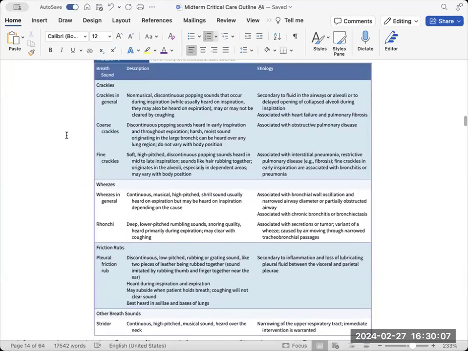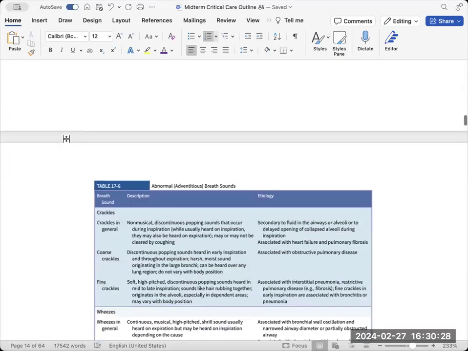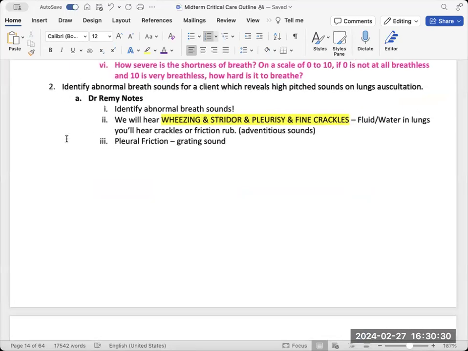The lower you go in the lobes, you're going to hear bubbling, like coarse crackles. If it's the upper airway and the windpipe is obstructed, you're not going to hear crackles there. You're going to hear wheezing and stridor. Can't go wrong with that.